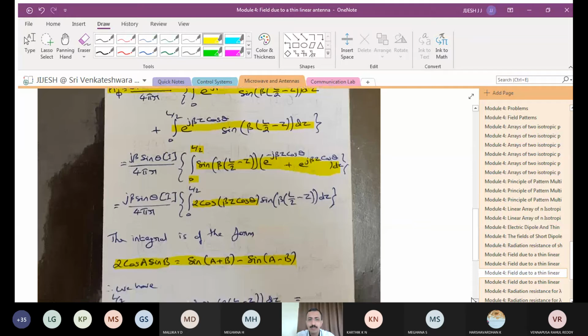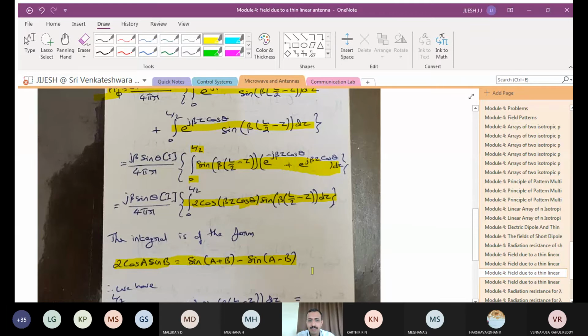So let us see how to go ahead with the integration when we use sin A plus B minus sin A minus B. I am going to take only this term. After completing the entire integration, I am going to substitute it for H of phi.